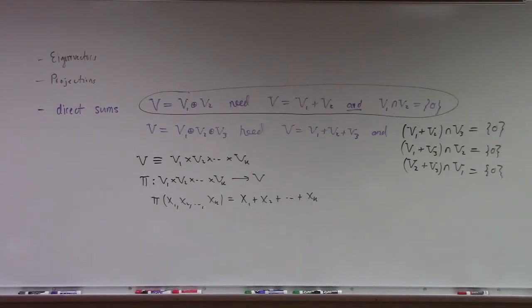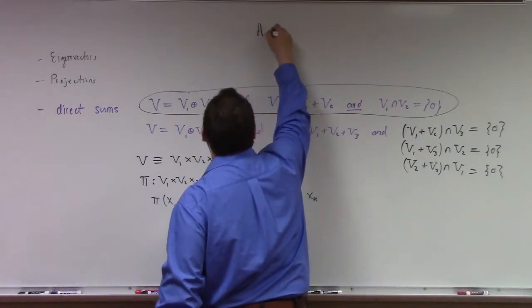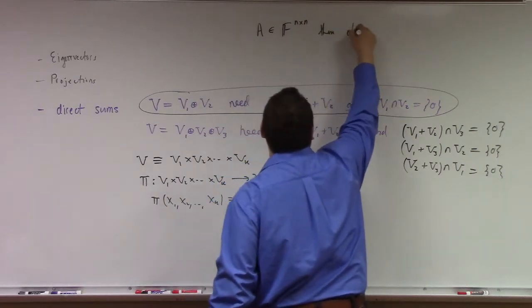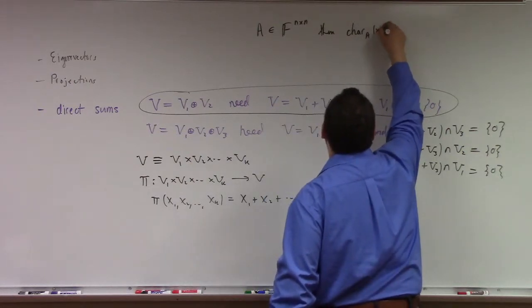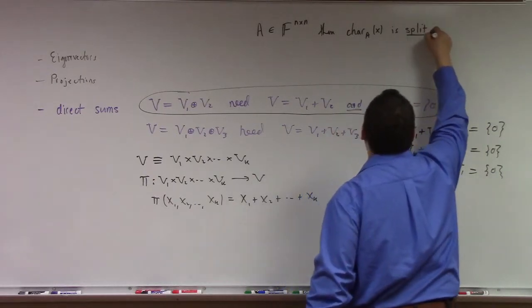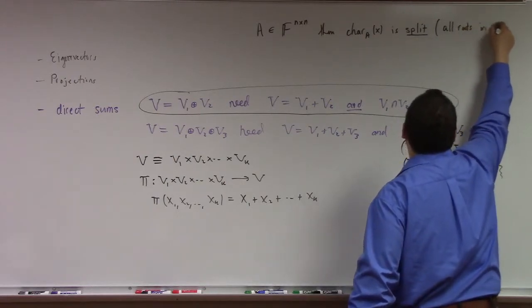All right, so where are we? Oh, yeah, direct sum decompositions. I said entirely too much about those. Where else do we get direct sum decompositions from? How about eigenspaces, right? If we have all our eigenvalues, if A is an n by n matrix over F, and the characteristic polynomial of A of X is split, that means all roots are in the field, right?